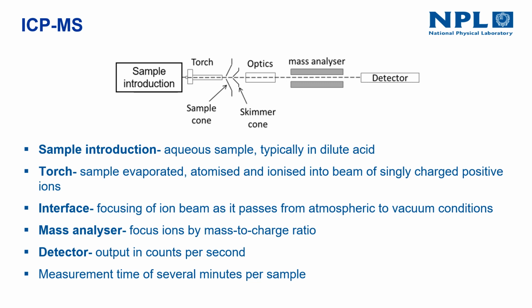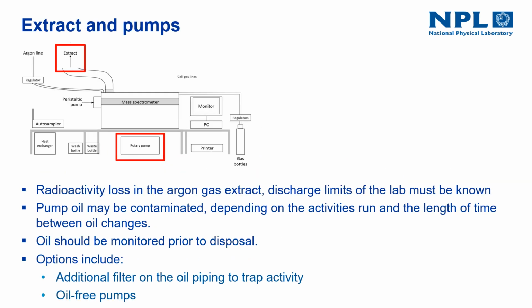And one advantage of ICP-MS is, regardless of the radionuclide being measured, the time to do a measurement of each sample is several minutes, and it's capable of processing several hundred samples per day, looking at multiple stable and or radioactive isotopes within a single run.